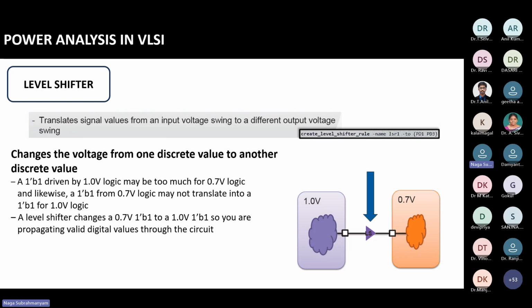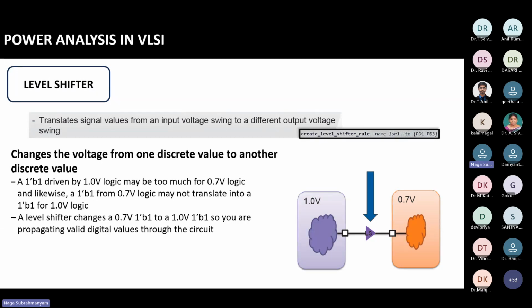So this logic 1 in the 1 volt domain, as it passes through the level shifter, becomes 0.7 volts in the other domain. Still it is logic 1, but the voltage is changed. A level shifter translates signal values from an input voltage swing to a different output voltage swing.